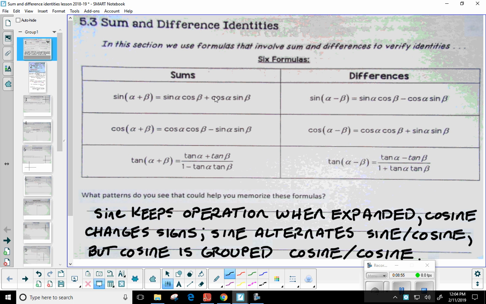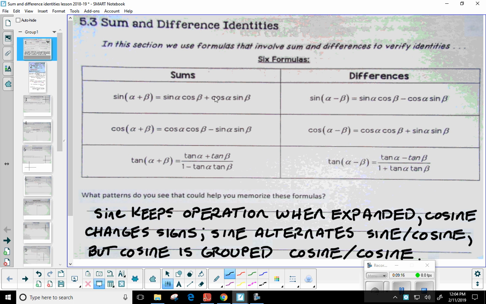Alpha is always first, beta is always second. These can represent degree measures or radian measures. If you have the sine of two measures that you're adding, this is the formula you would use: sine alpha cosine beta plus cosine alpha sine beta.